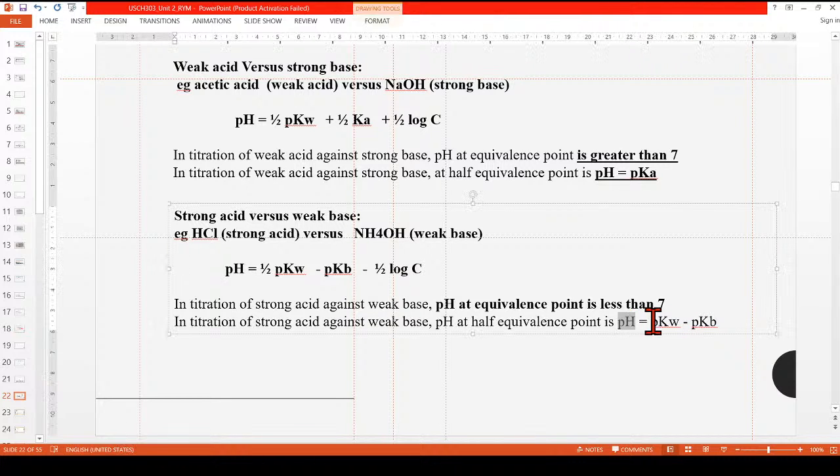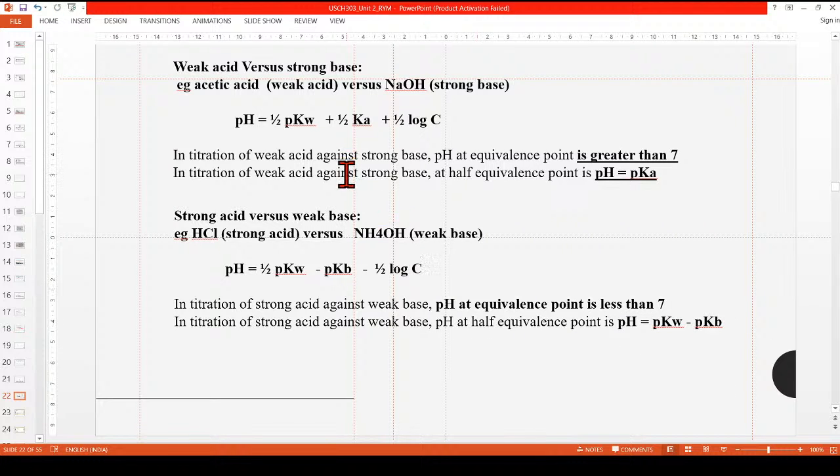So this is how the different calculations are done in acid base titration. Strong acid, strong base we have seen in detail in the previous lecture.